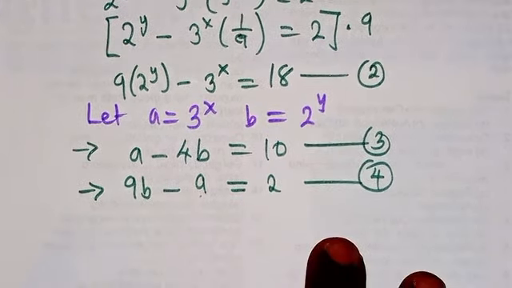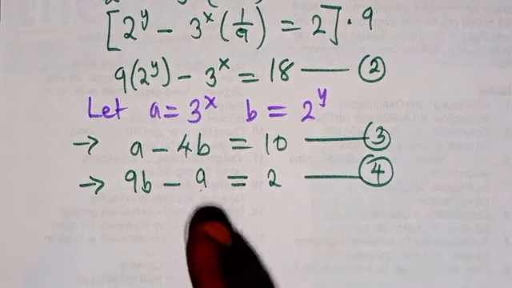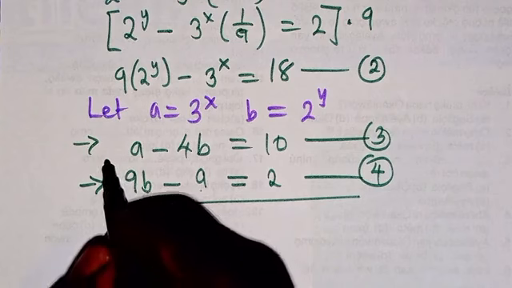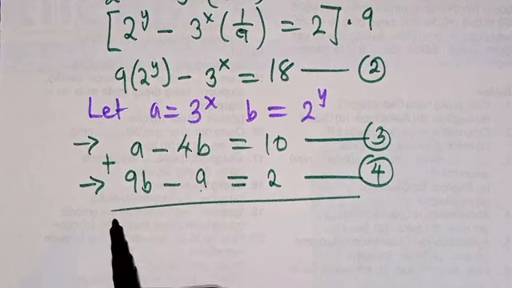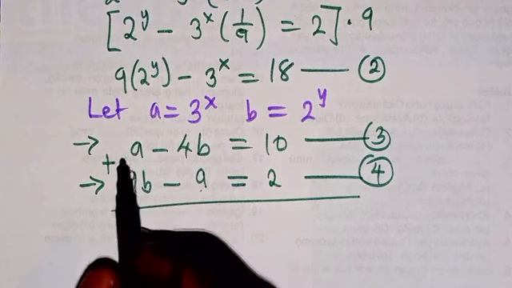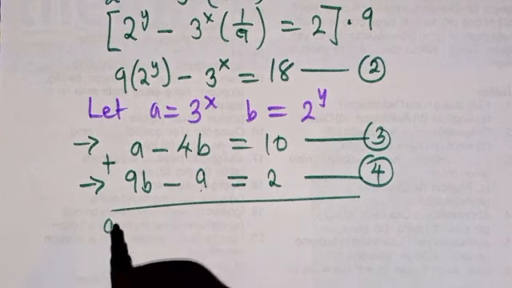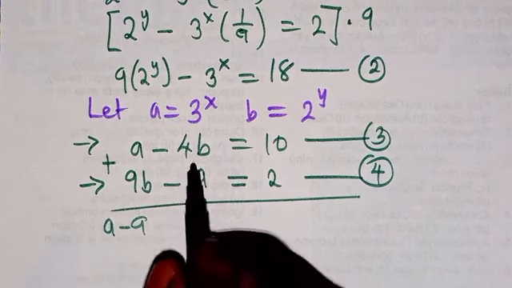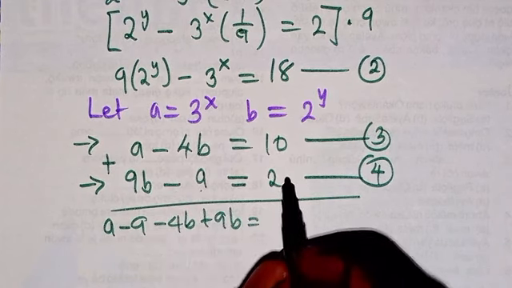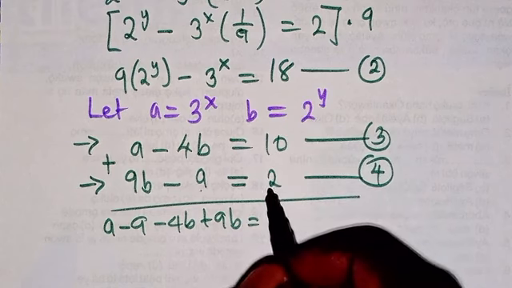The next thing we are going to do is solve equations 3 and 4 simultaneously by adding the two. Adding, a plus minus a cancels, then minus 4b plus 9b, equals 18 plus 10.